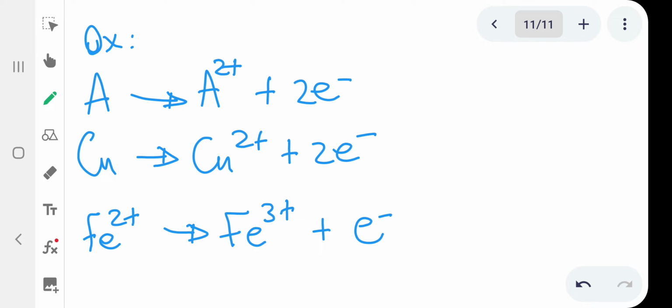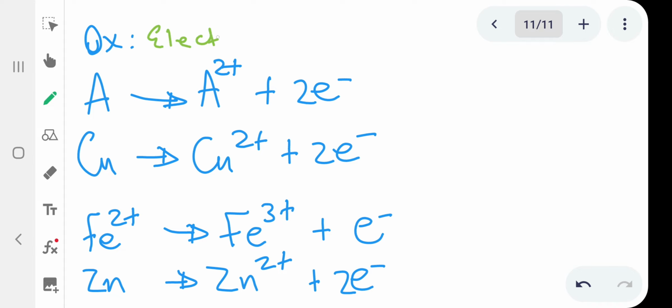And the last example, we can have zinc, which will give us zinc 2 plus and 2 electrons. You can notice that for an oxidation reaction, the electrons are on the right hand side of the chemical equation.